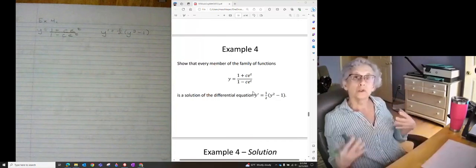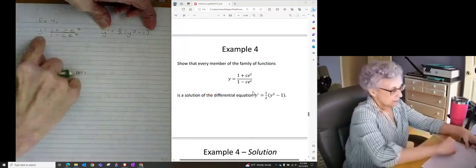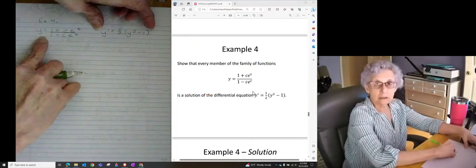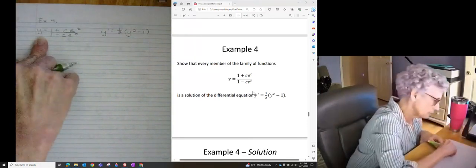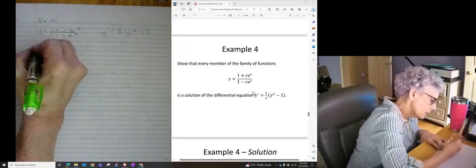So you want to confirm this. Make sure that this is true for this particular function. First thing I would do is take the derivative and see what it looks like.